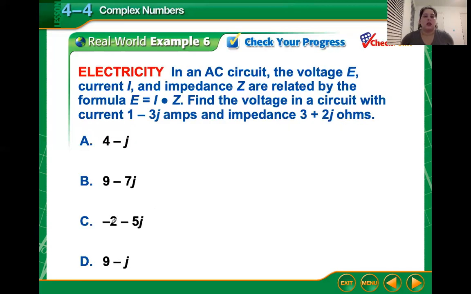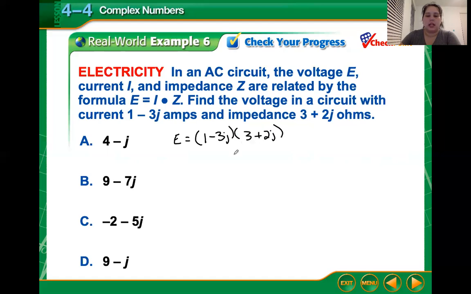So go ahead and try this one. This time you're going to have 1 minus 3J for amps and 3 plus 2J for ohms. So let's go ahead and work this one out. We're going to go ahead and multiply. We're going to get E equals 1 minus 3J times 3 plus 2J.